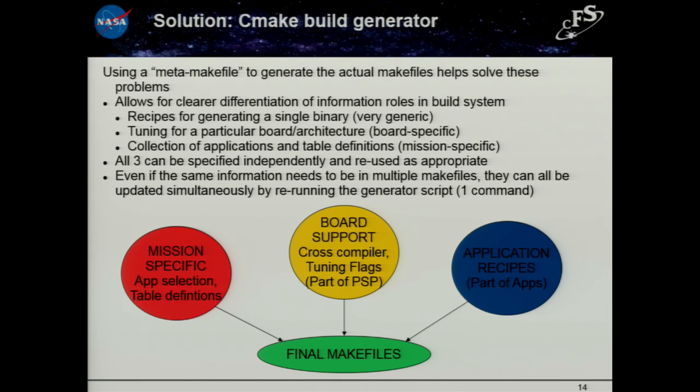So it's fairly commonly used in those environments. What it really does is it's a tool to generate your make files. So instead of writing GNU make files from scratch by hand, this tool, given a set of more generic recipes, will actually generate the make files for you and keep everything in sync.